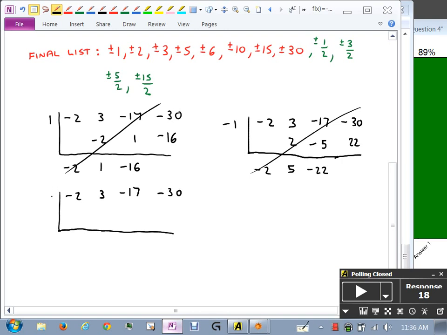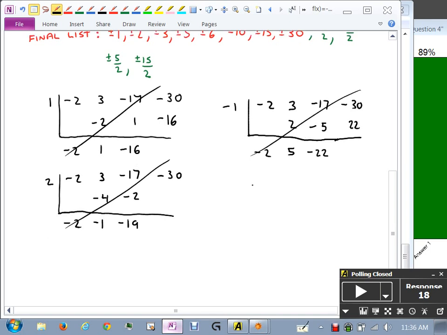Moving on to 2. That didn't work. So I'm starting to lose hope. That didn't work either.